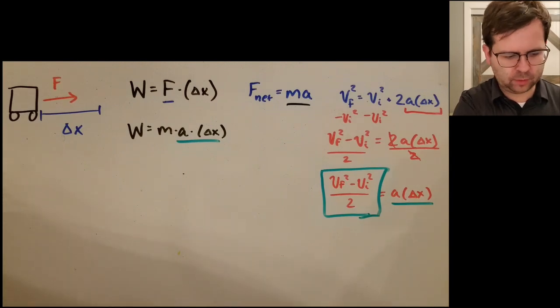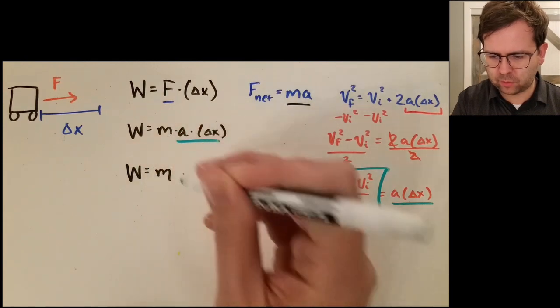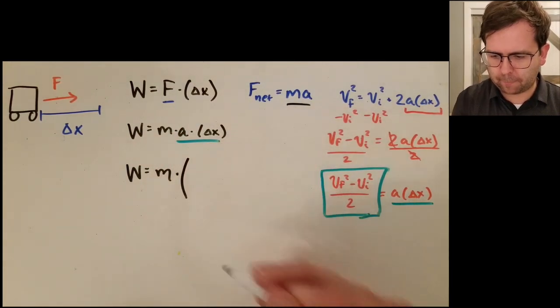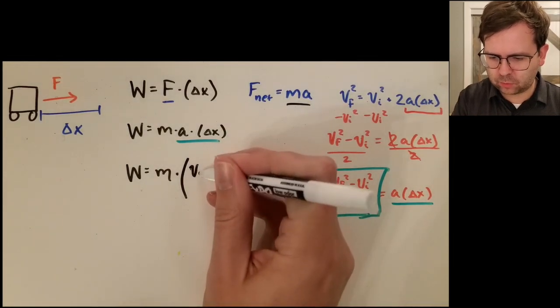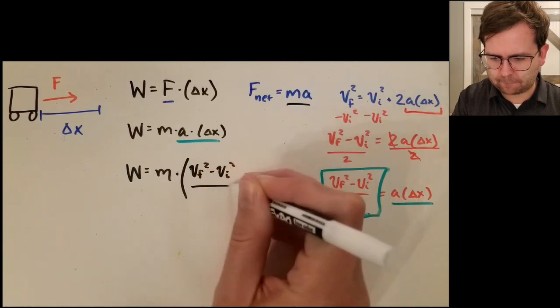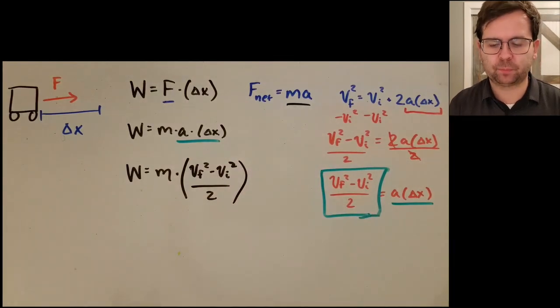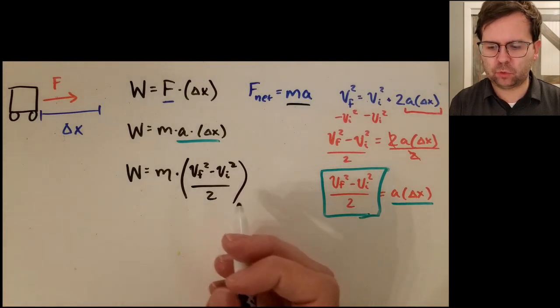So let's do that to our work equation. Work is now equal to mass times this big fraction quantity here, the final velocity squared minus the initial velocity squared, over 2. I've done all that so that I can do some rearranging.